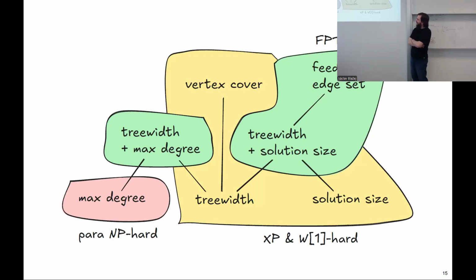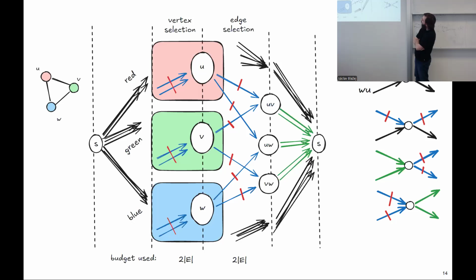What does it show anyway? W1 hardness by the solution size, right? Because before we had multicolored clique parameterized by the number of vertices in the clique, and for each of these vertices we cut two edges here and two edges there.